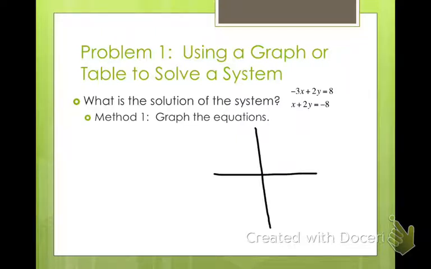So these can be not as easily done. So let's see, for this one, if x is 0, then y is 4, and if y is 0, then x is negative 8/3.